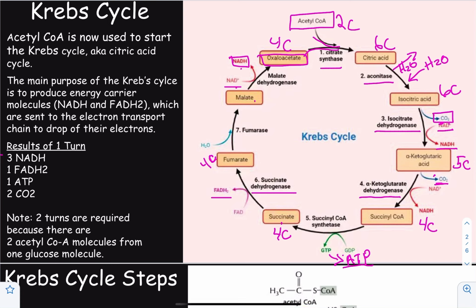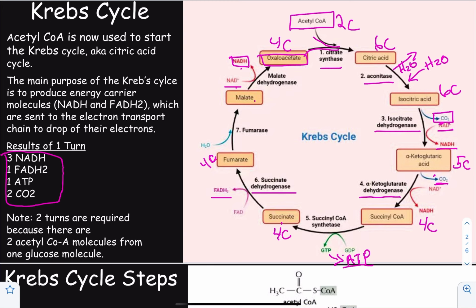Remember, from one glucose molecule you will get two acetyl-CoAs, so the cycle will repeat; for one glucose molecule it will happen twice. The result of one turn is 3 NADH, 1 FADH2, 1 ATP, and 2 CO2.